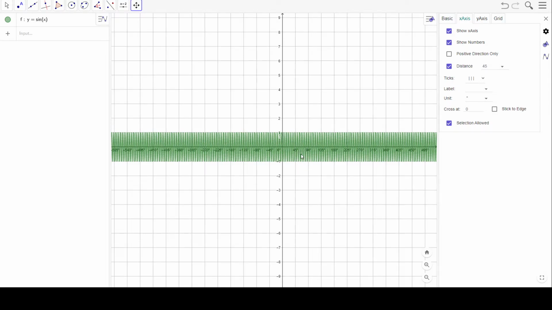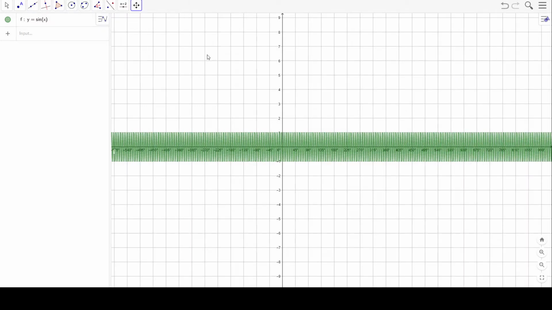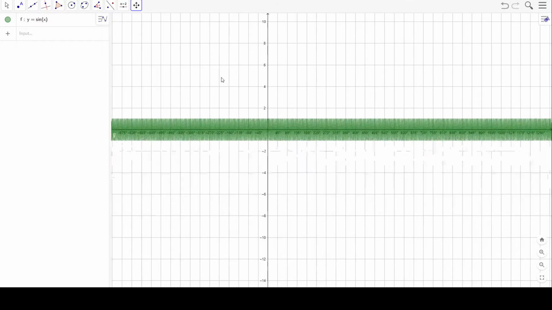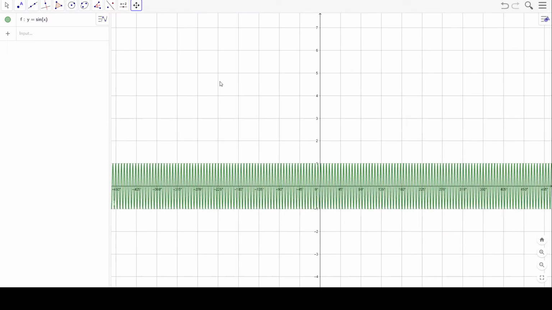Can you tell why this is happening? Why this strange behavior is happening here in the graph? That's also a good question. If you want, I can zoom in. I don't want to destroy it, but you see that I have a lot of oscillations going back and forth, which is not intuitive according to my picture.